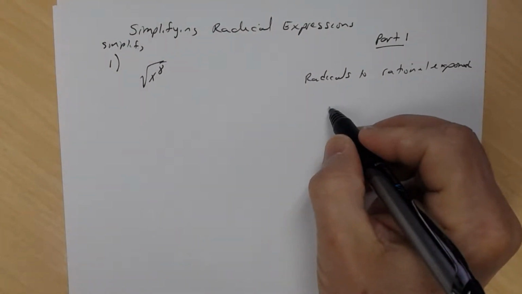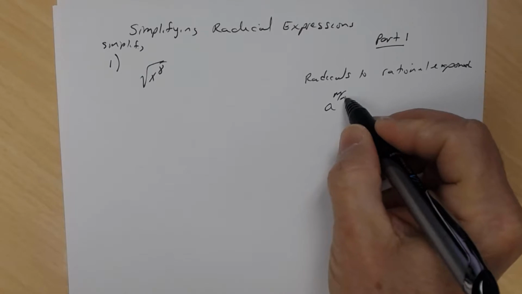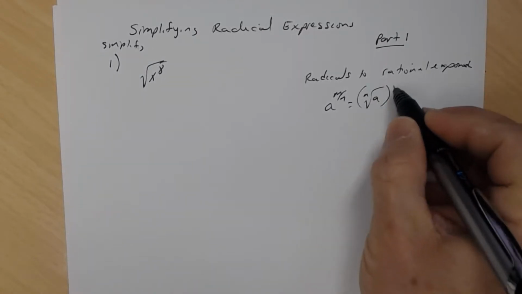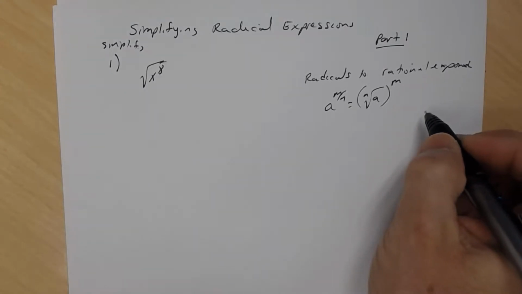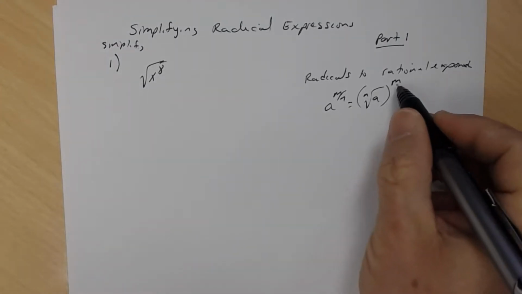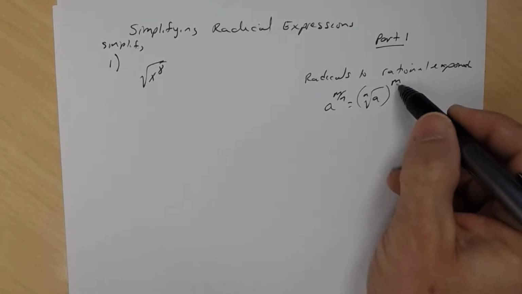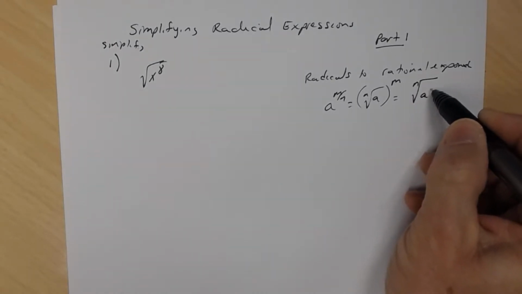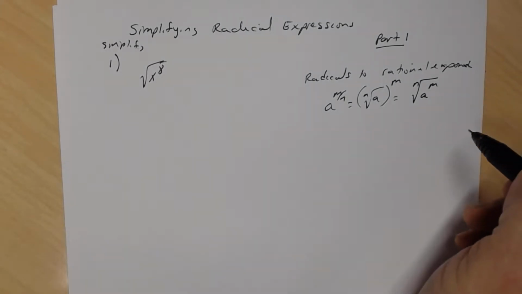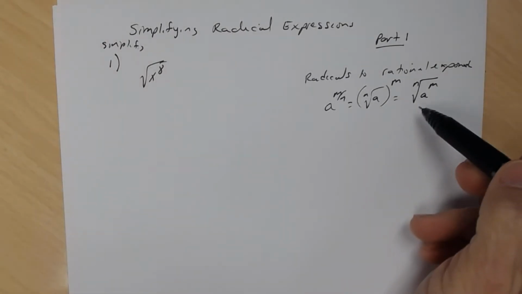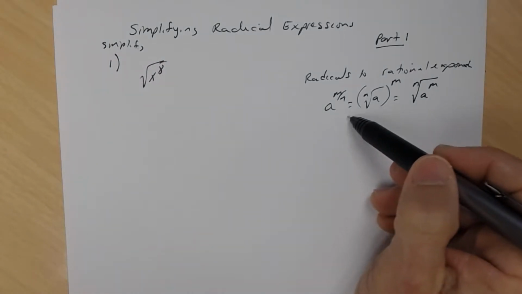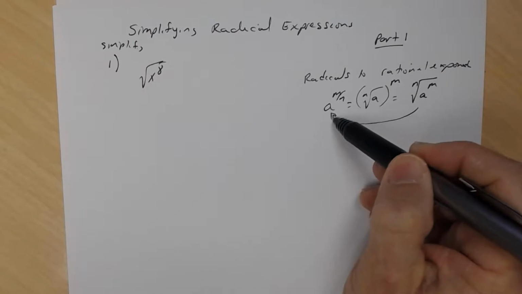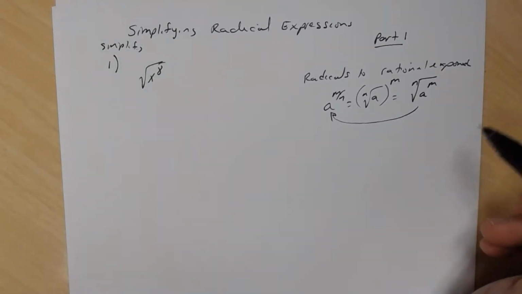So for example, if I have a to the m divided by n, you learned that's the nth root of a, all raised to the m power. But we can also write it like this, where we put the exponent on the outside. You could also write it as the nth root of a to the m power. And for these, that's what you're going to want to do: rewrite this as this.